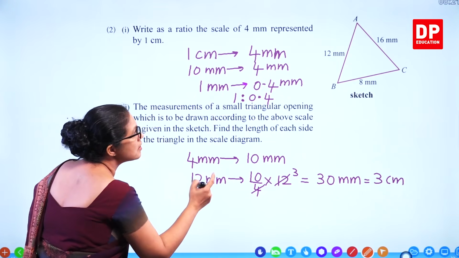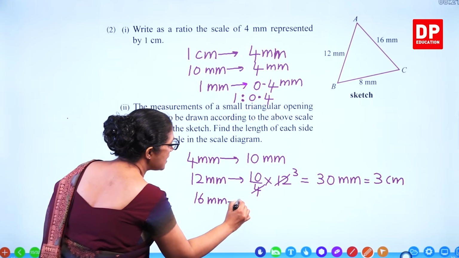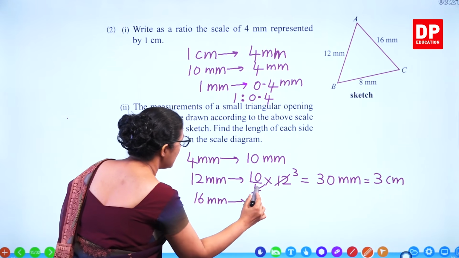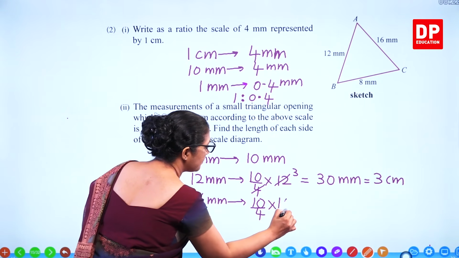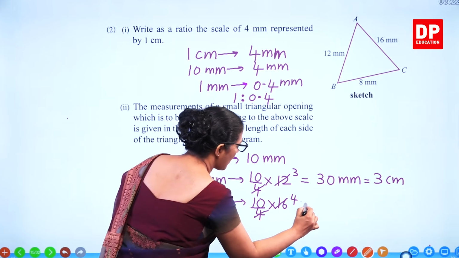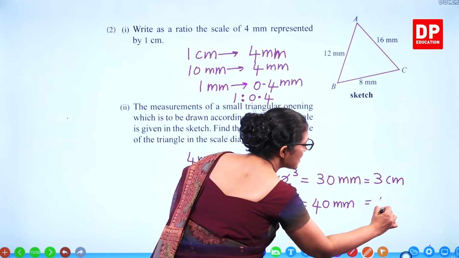What about 16 millimeters? 16 millimeters means 10 divided by 4 times 16. 40 millimeters, or you can write 4 centimeters.